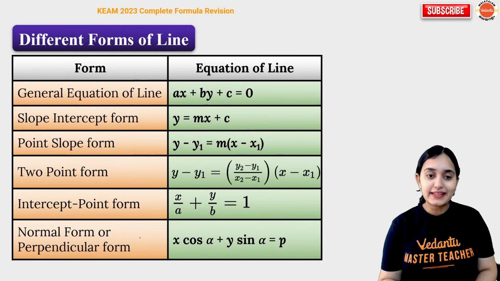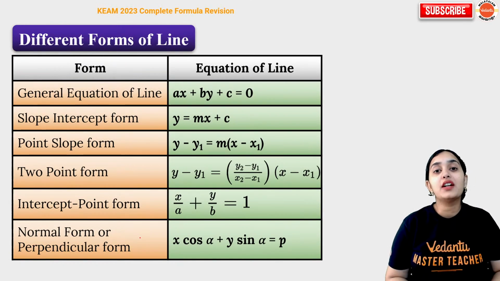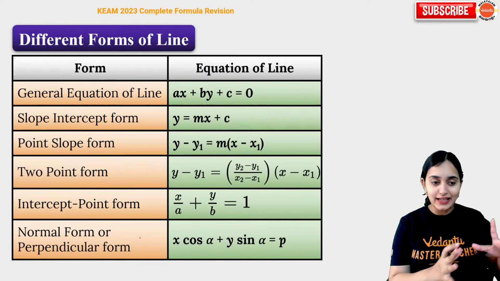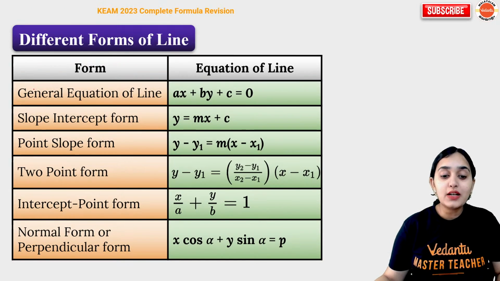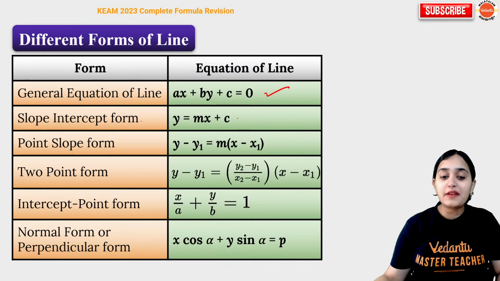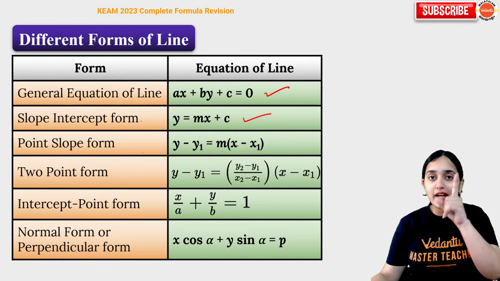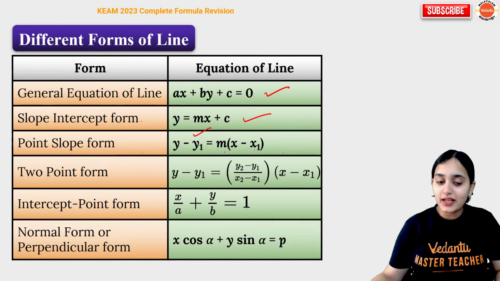Okay, next is 2D geometry. In 2D geometry we have straight lines and conic sections. In straight lines we have the equation of a straight line. General equation of straight line: ax plus by plus c is equal to 0. Slope intercept form: y is equal to mx plus c. Point slope form: when one point x1 y1 is given, then y minus y1 is m into x minus x1.